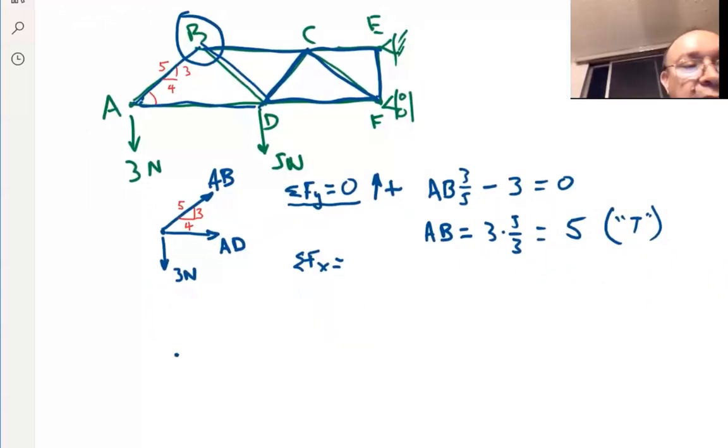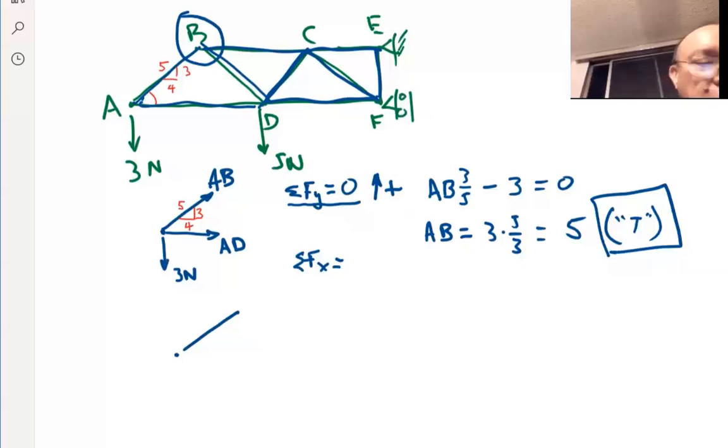So now we look at the joint B here. Now we have the force AB. I got a tension, so if I put joint B, the force comes on this. This is the force that comes from bar AB, right?